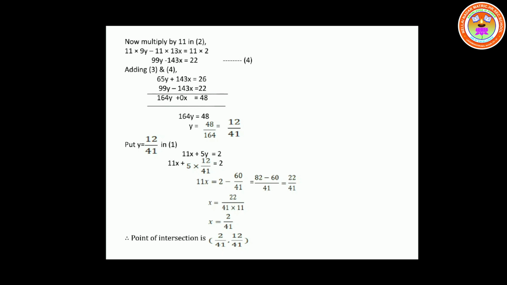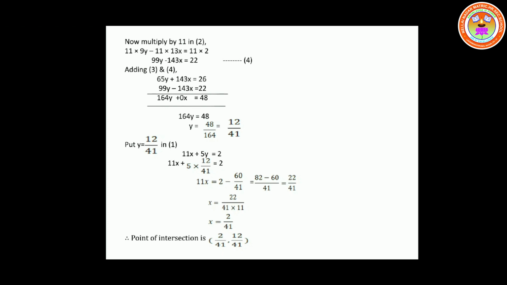When you look at the third and the fourth equation, you have the same x variable, okay, with the opposite symbols. So I am going to add 3 and 4, equation 3 and 4. So when I add equation 3 and 4, my x variable gets cancelled, making us 0x. So what happens to the y variable? 65y plus 99y.